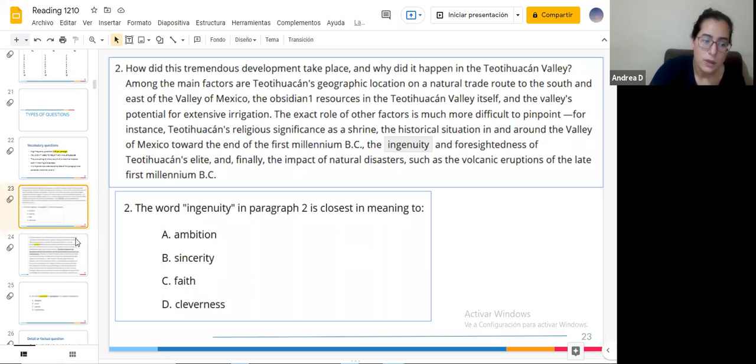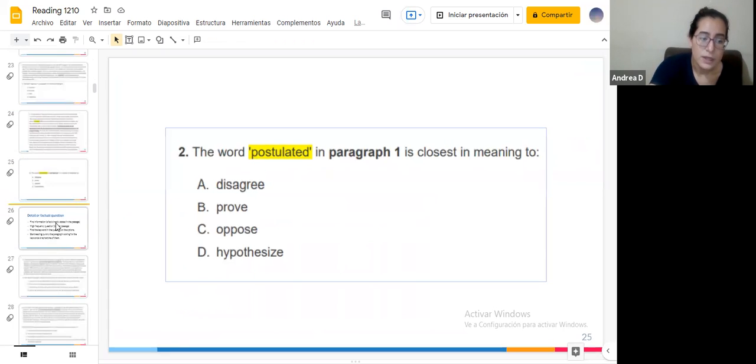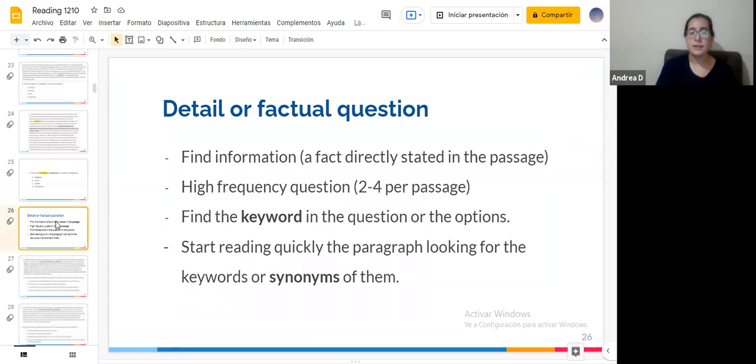Okay, guys. So now taking a look at the next one we're going to see, the detailed questions or factual questions. In this one, they're asking for a very detailed piece of information. So you're going to be asked to find something. And the good thing about this is that you don't have to think that much. Everything is going to be there.